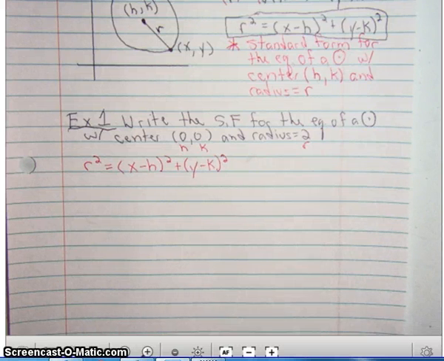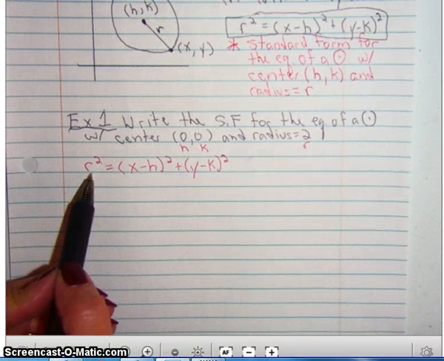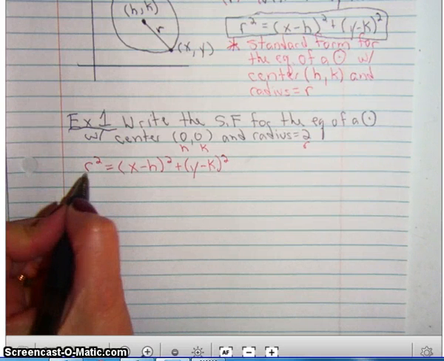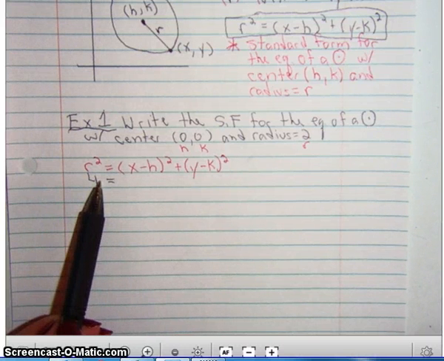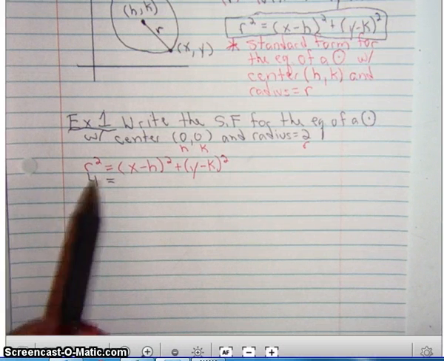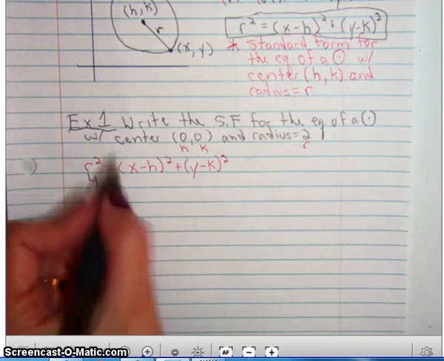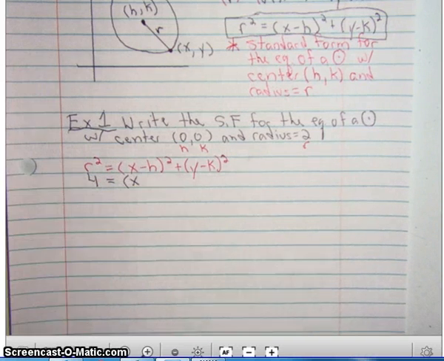All right, Remy, what's going to go in for r squared? 2 squared, which comes out to be 4. Yeah, and guys, don't ever leave this as 2 squared. In the equation of the circle, x stays x.